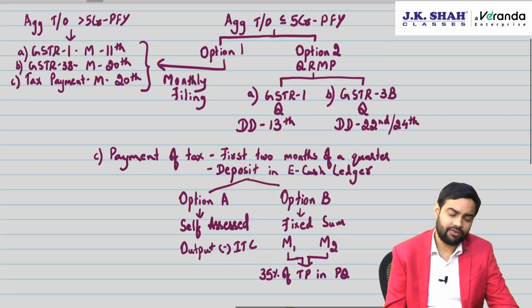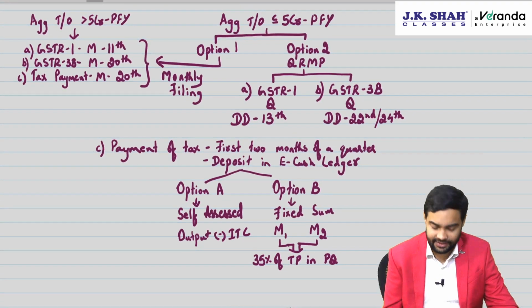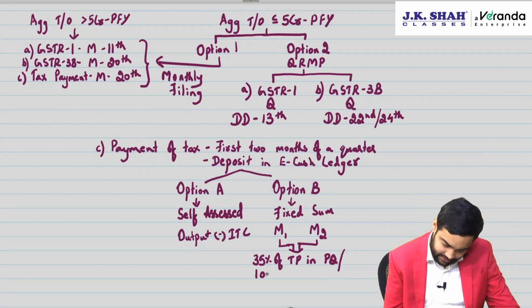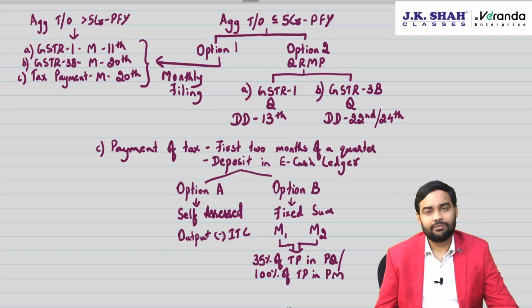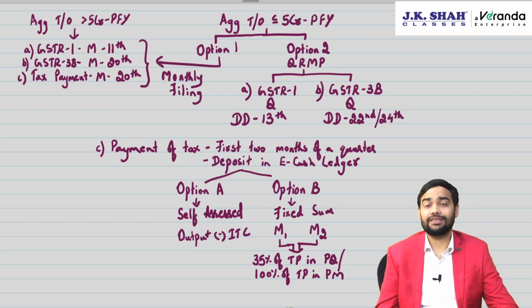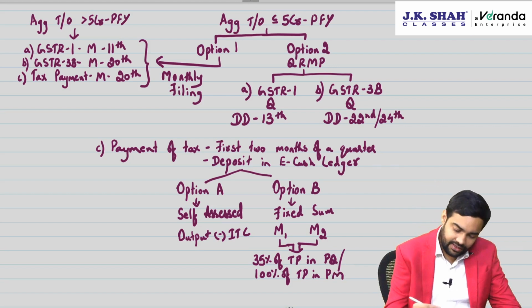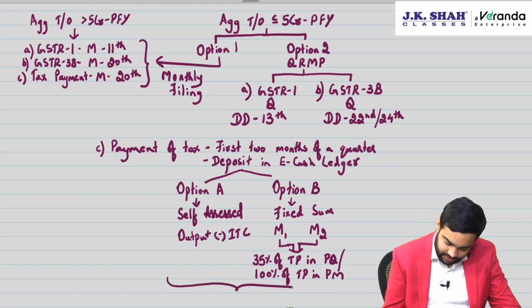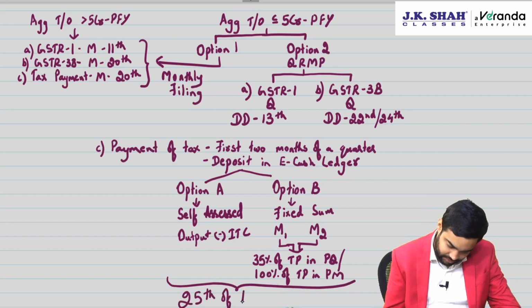But sir, what if last time I have not filed a quarterly return? Then it is 100% of tax paid in the previous month. So last time, if you were a monthly filer, then 100% of tax paid in the previous month. If you were a quarterly filer, 35% of tax paid in the previous quarter. Now, the due date for these two is the 25th of the next month.